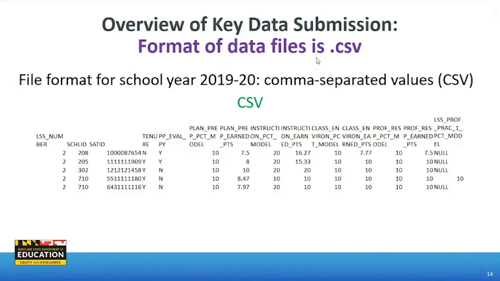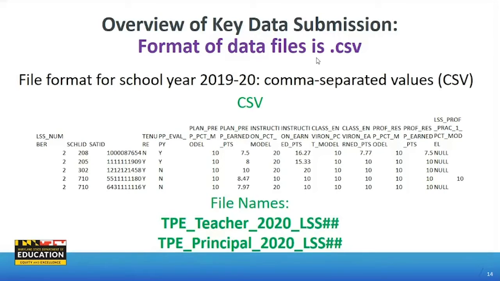We are going to continue using the comma-separated values file format that got instituted last year. As a reminder, this is different from the XLSX format, which is the traditional Excel workbook. The suggested file name is TPE underscore teacher or principal based on the file, underscore 2020 underscore LSS, and then your LSS code.